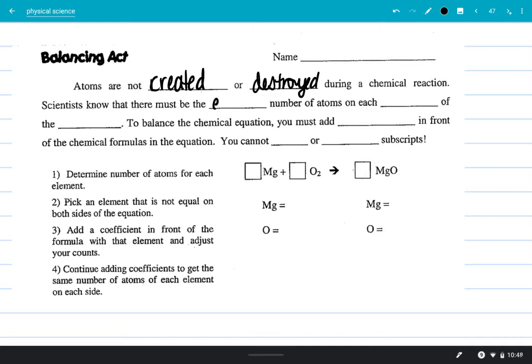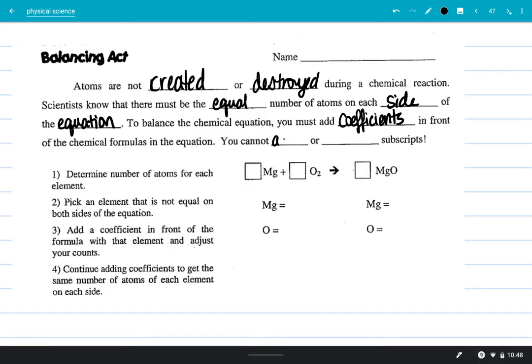Scientists know there must be equal numbers of atoms on each side of the equation or reaction. To balance the chemical equation, you must add coefficients in front of the chemical formulas of the equation.